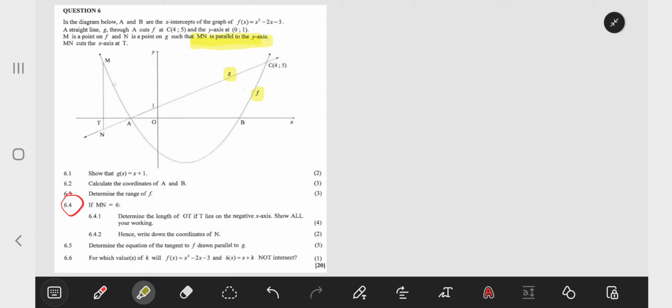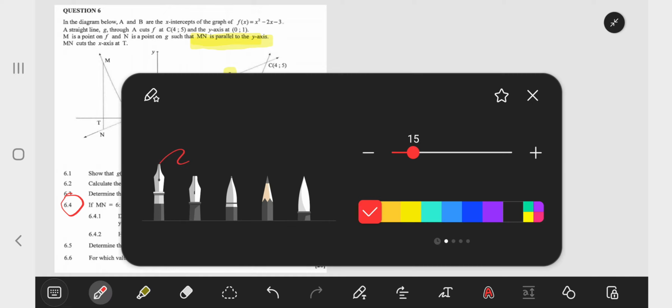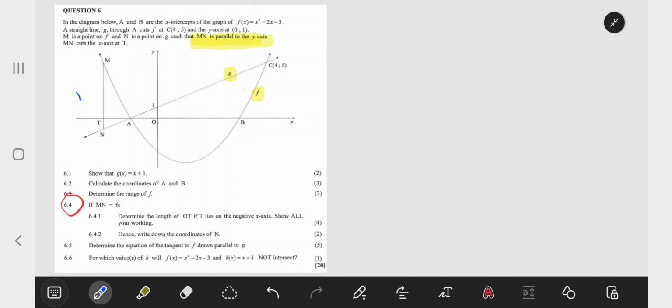So the statement is telling us that MN is a what? It is a vertical distance, which is MN, right? And then basically MN cuts the x-axis at T, which is this point T. Alright, so if we have a vertical distance, you must note that the x of M, the x of T and the x of N is the same value of x, right?